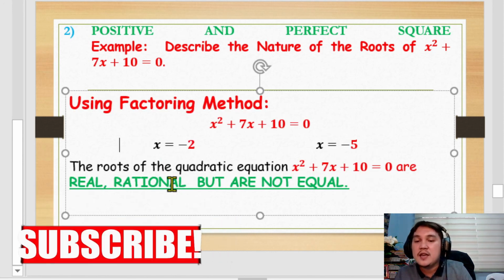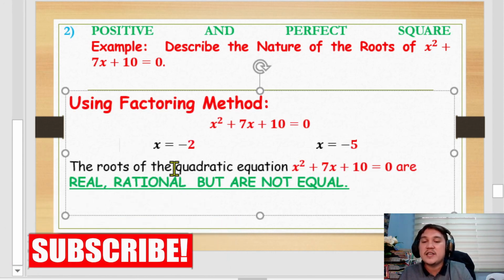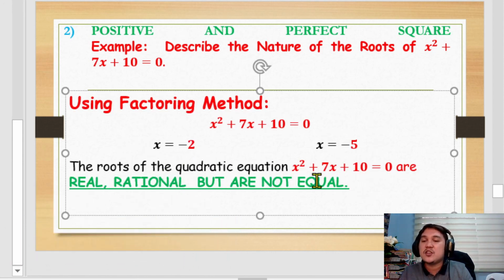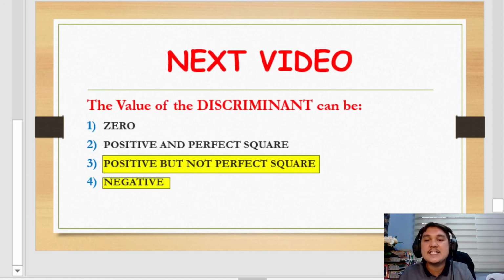So as you can see, one value of x is negative 2. The other value of x is negative 5. So the roots of the quadratic equation x squared plus 7x plus 10 is equal to 0 are real, rational, but are not equal. In this video, I discussed number 1 and number 2.